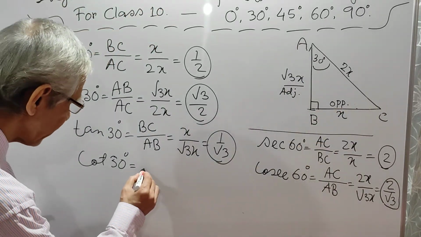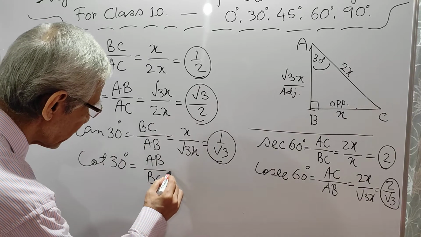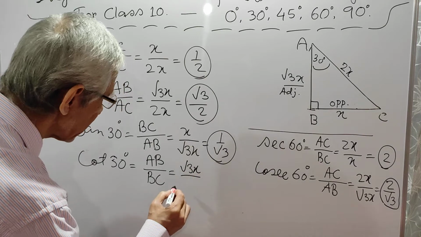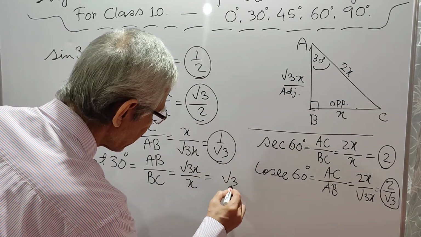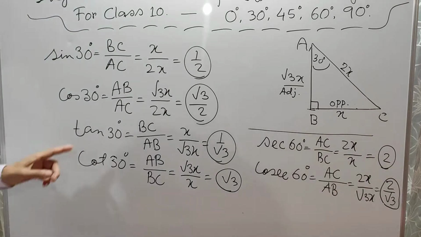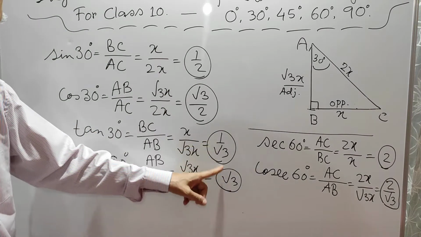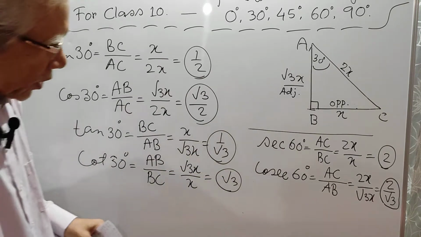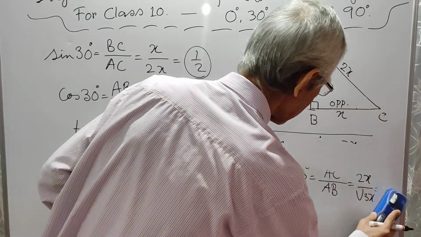AB is root 3x and BC is x. So it becomes root 3. Now you see tan and cot are supposed to be reciprocal of each other. Now look, these two are not the reciprocal of each other. All right. Now next, sec and cosec.